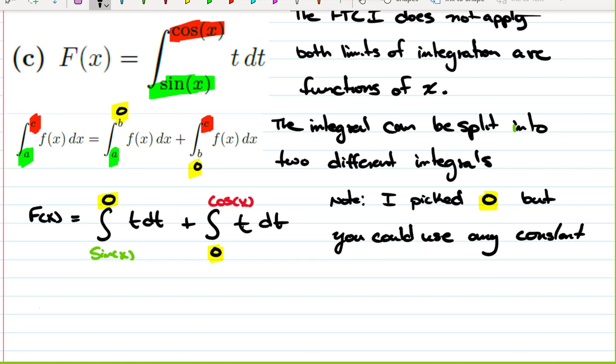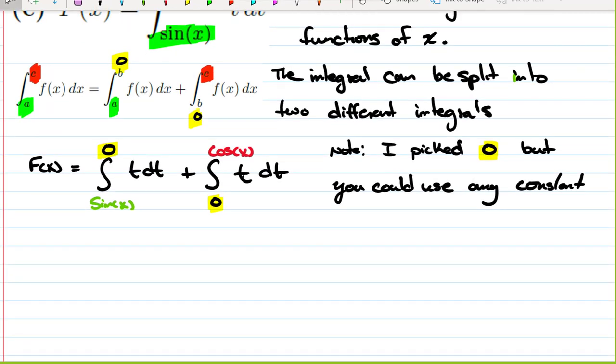So if you wanted to pick 5 or 50 or even 10 million, it doesn't matter. 0 is often just a simple choice to pick, but there's nothing special about it. Any constant would work. Okay, so now we've split this into 2 different things, so we can use our sum rule for derivatives.